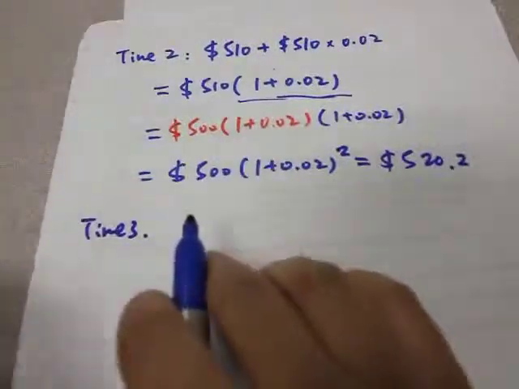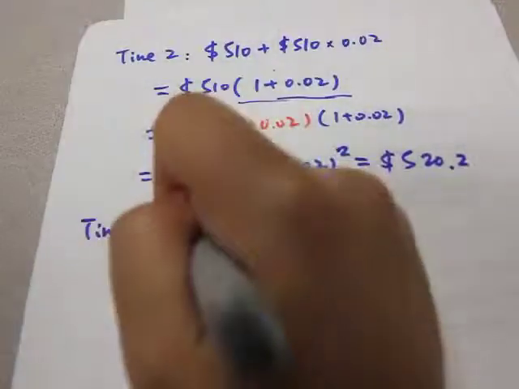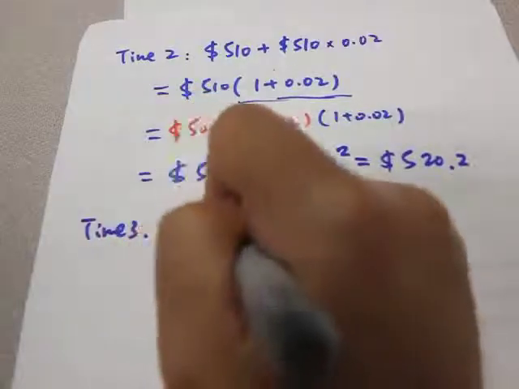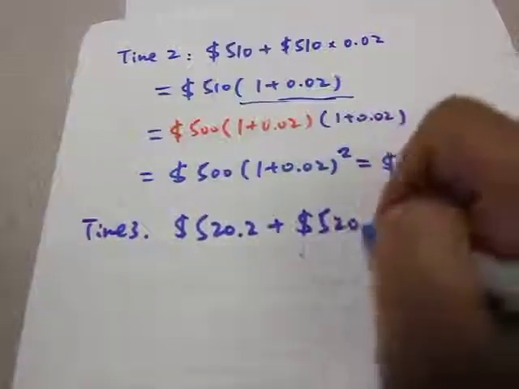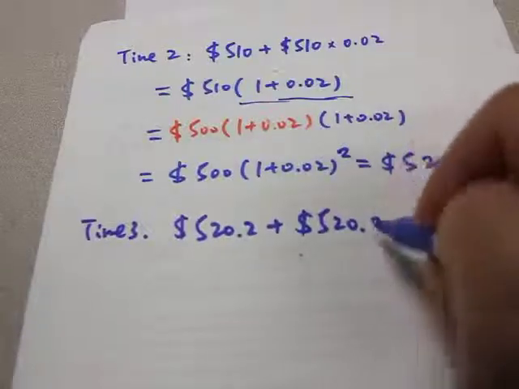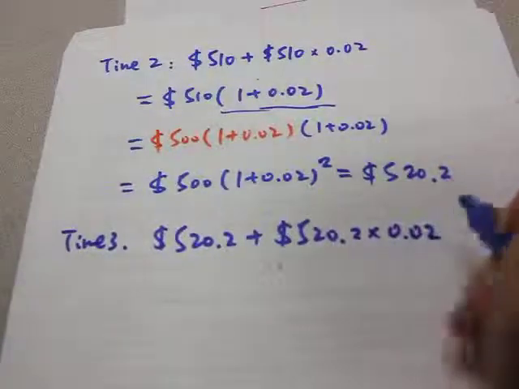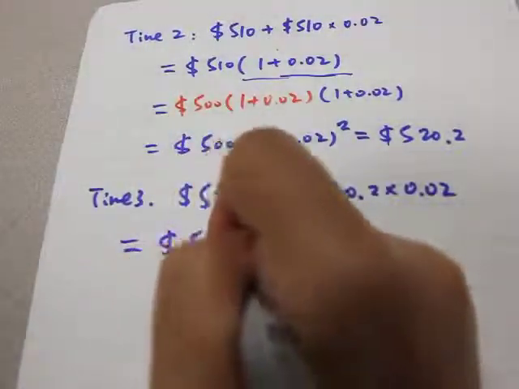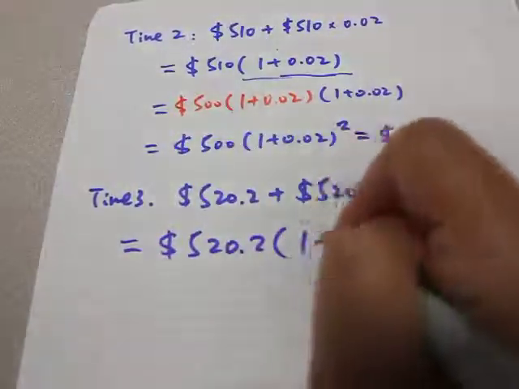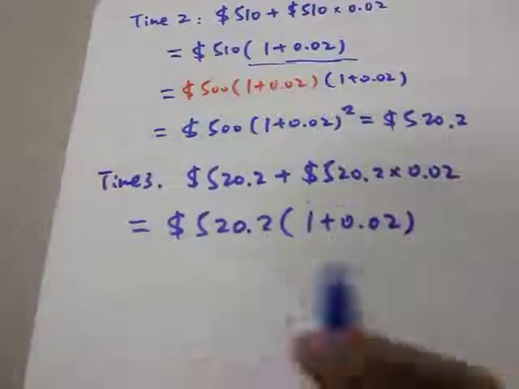Now at time 3 we have 520.2 plus the interest, 520.2 times 0.02, and we factor out 520.2. We have this.